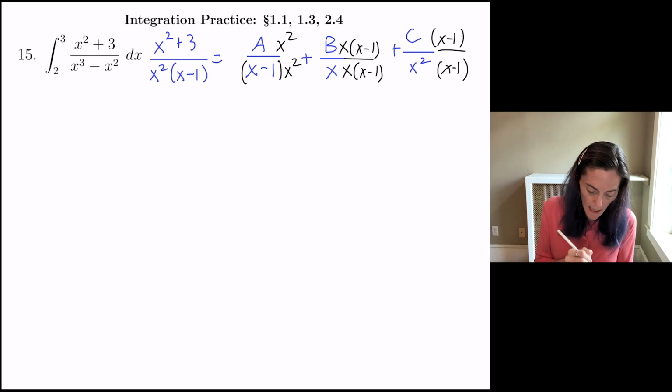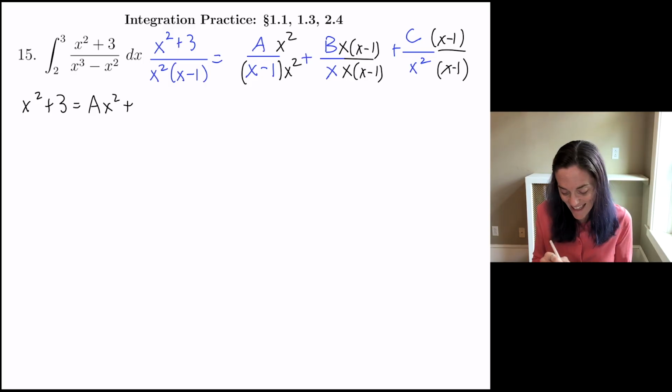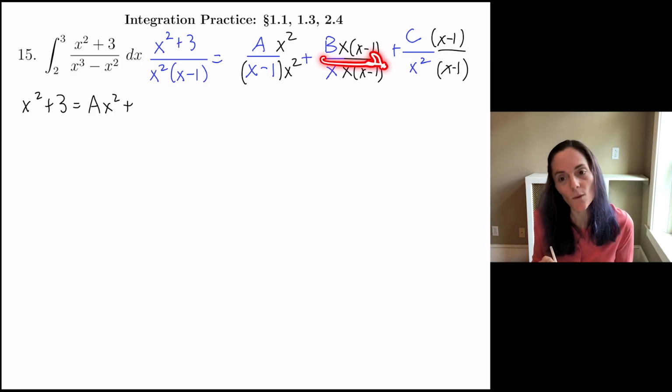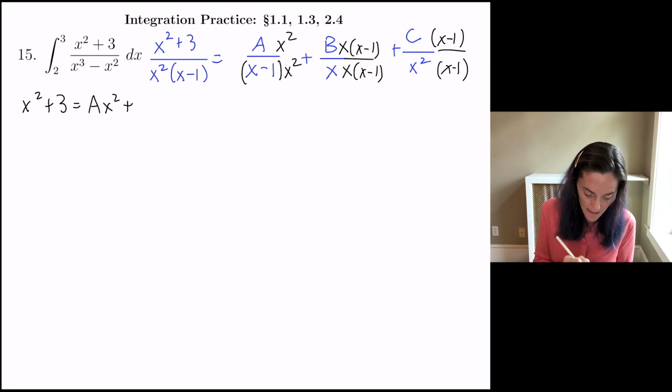So in the next step, we have x squared plus 3, and this will equal Ax squared plus, and looking here, we have Bx squared minus Bx, and then plus, we have Cx minus C. So I'm going to regroup things.